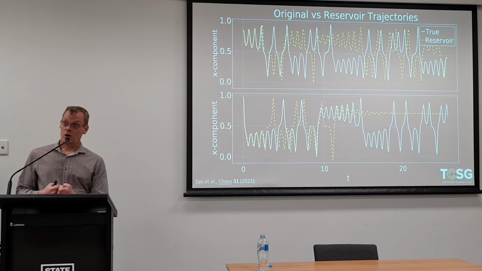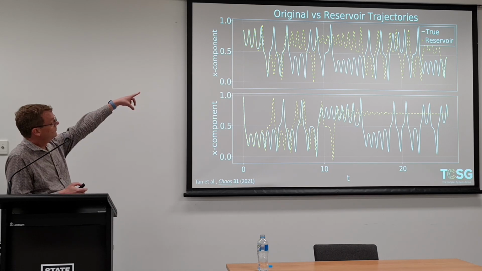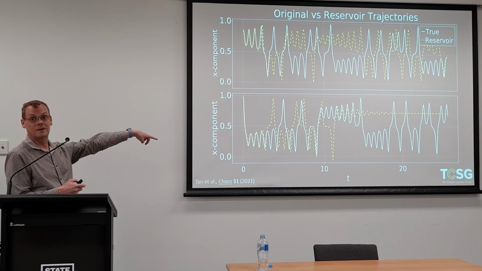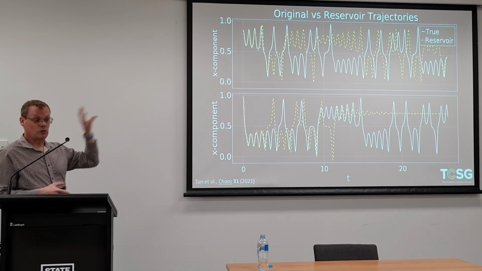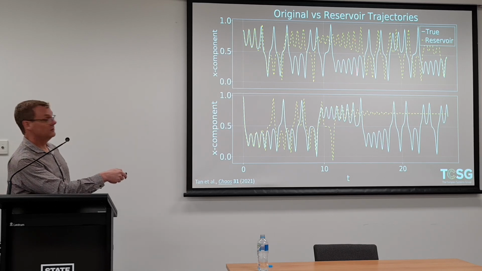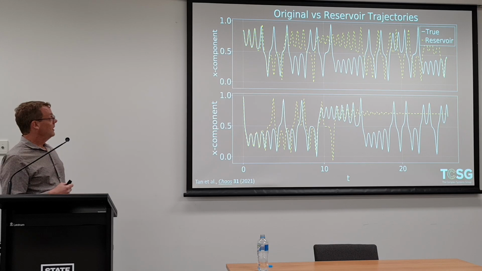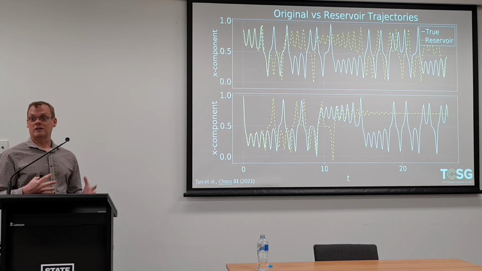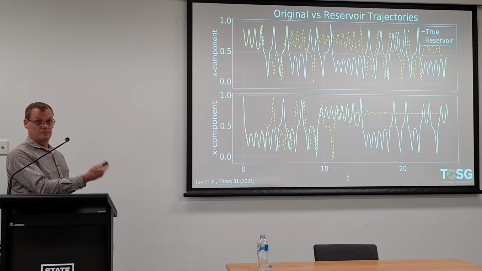So I want a way of algorithmically looking at these things and saying, hey, top one's good, bottom one's bad. Top one's good because it looks like the data. It doesn't look like the data in terms of correlation. They're completely different. It doesn't look like the data in terms of root mean square error. They differ eventually. It does look like the data qualitatively, and that's what I care about. And that's where the shape comes in.